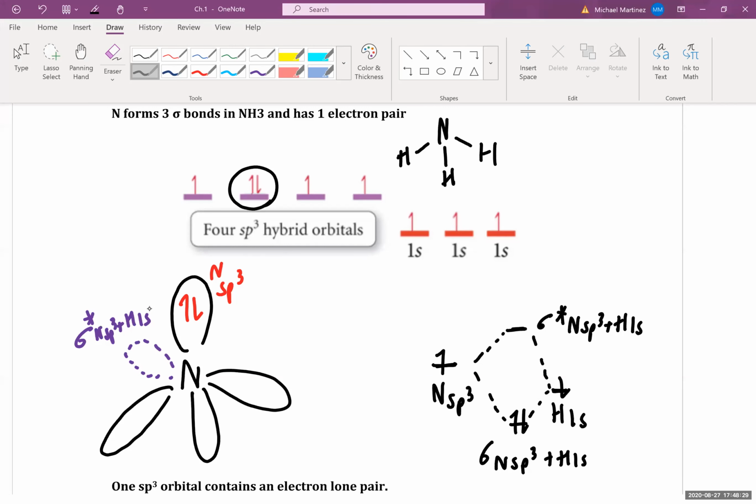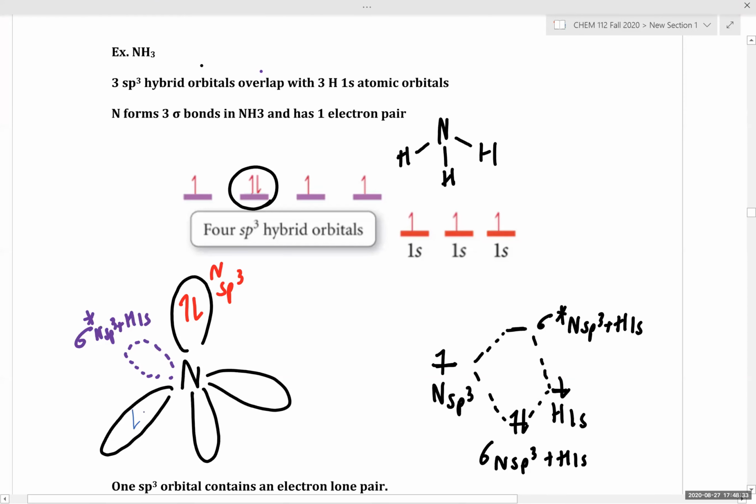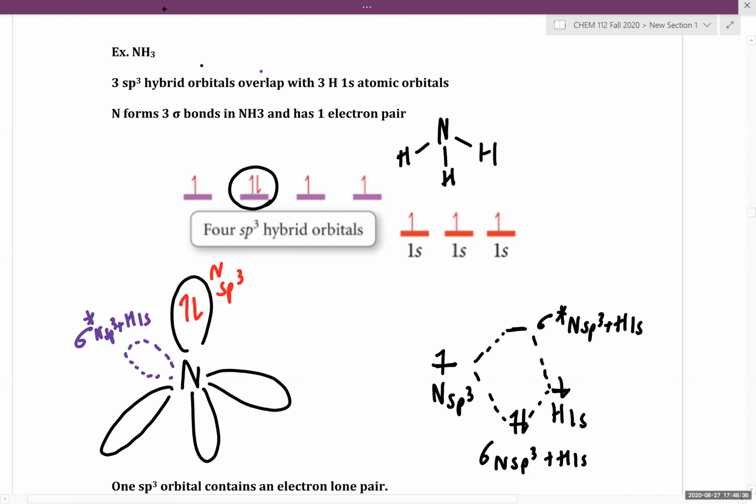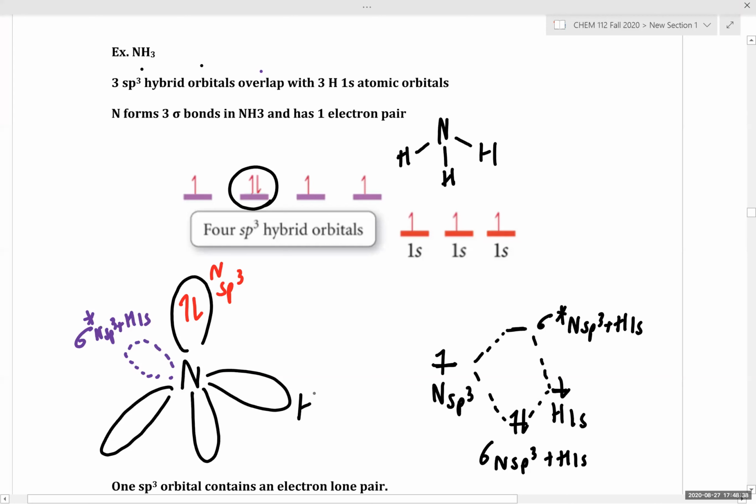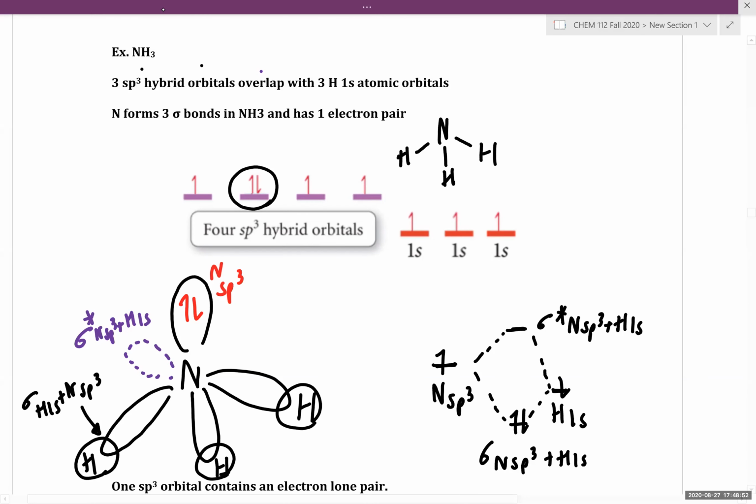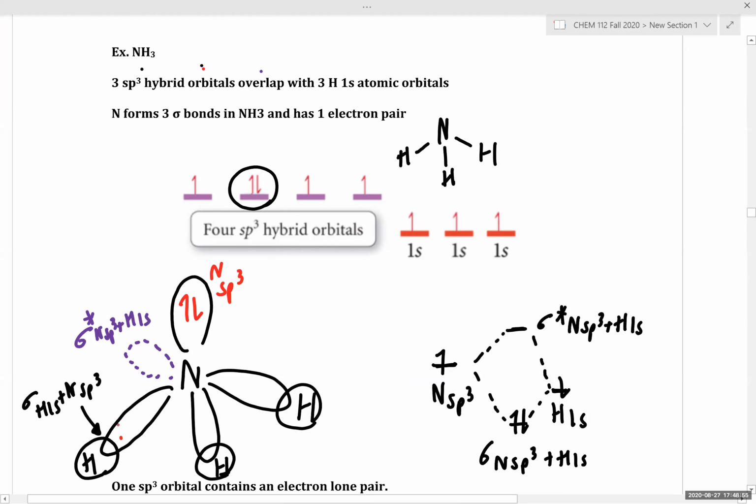Now, we have each of our half-filled hybrid orbitals. We're going to overlap them with our hydrogen 1s orbitals to form our 3 bonds. So this gives us a bonding molecular orbital that's a sigma hydrogen 1s plus nitrogen sp3 orbital. And as we see from our picture, this sigma bonding orbital is lower in energy than our starting atomic and hybrid orbitals.